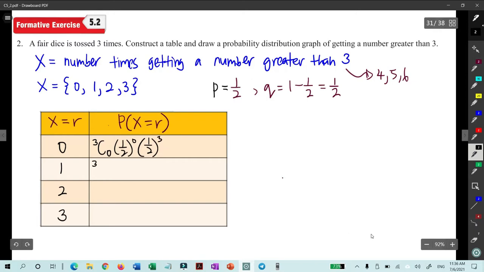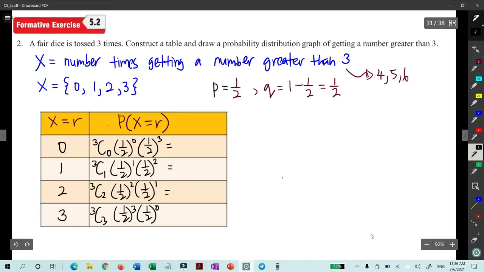And then 3C1, 1 over 2 to the power of 1, 1 over 2 to the power of 2, 3C2, 1 over 2 to the power of 2, 1 over 2 to the power of 1, and then 3C3, 1 over 2 to the power of 3, and then 1 over 2 to the power of 3 minus 3, which is 0.